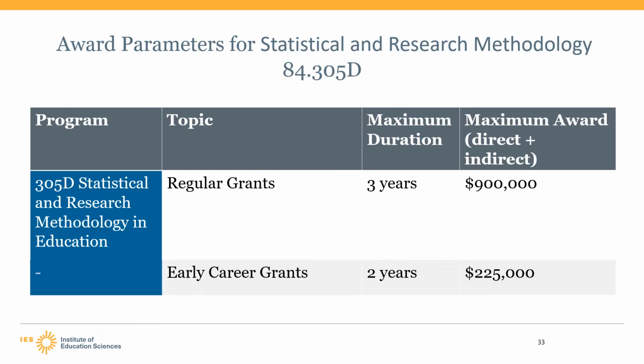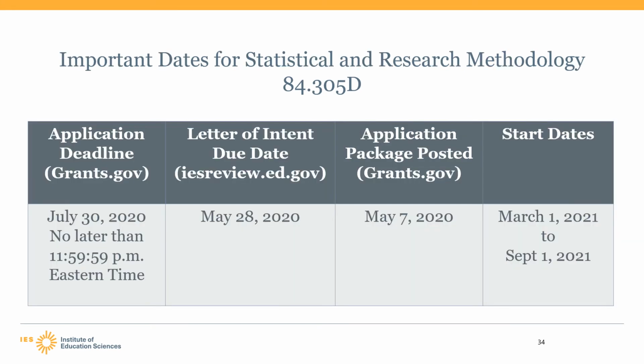These are the award parameters for the statistical and research methodology in education grants. For regular grants, there is a maximum duration of 3 years and the maximum award amount of $900,000. For early career grants, there is a maximum duration of 2 years and a maximum award amount of $225,000. This slide includes important dates for 84.305D.